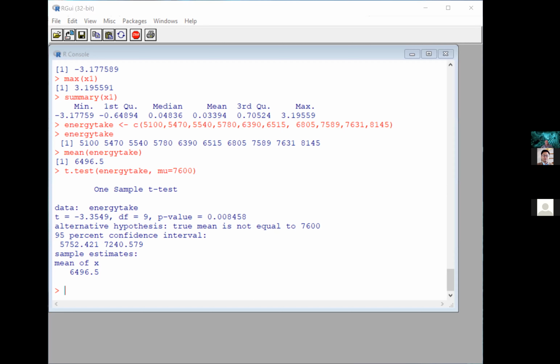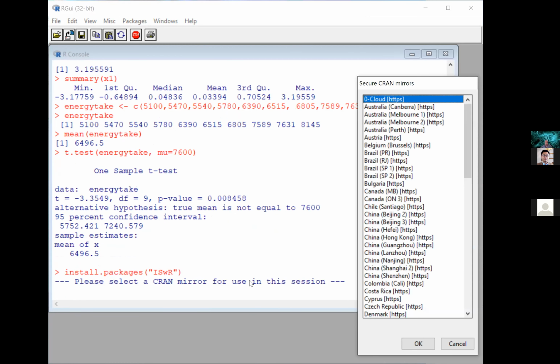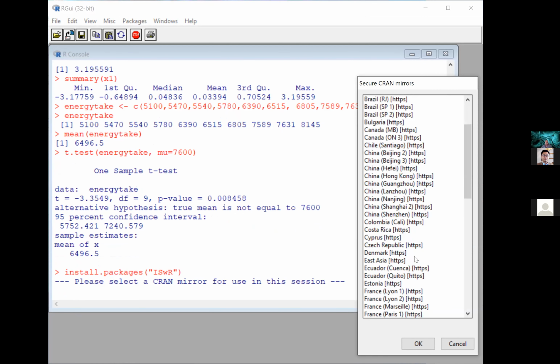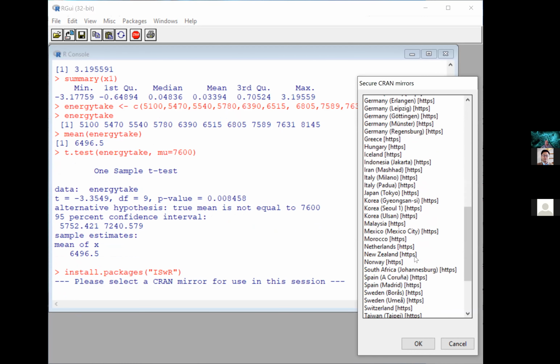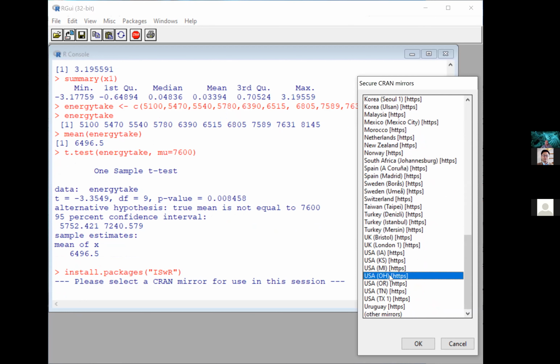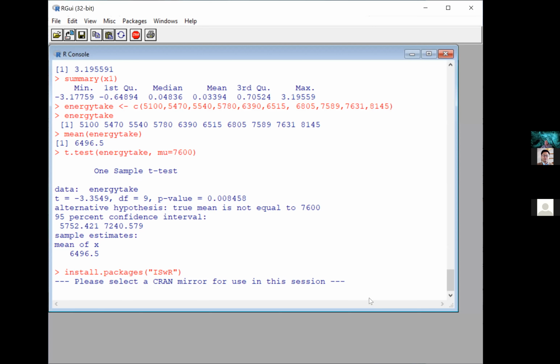Appreciate it. All right, we're going to a 2-sample t-test. Before we do that, we have to install this package, ISwR. Choose a CRAN mirror. Technically, you can pick any one of these you want. I'm more comfortable with the Ohio side in the United States.